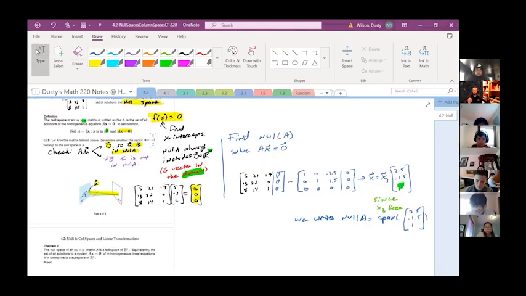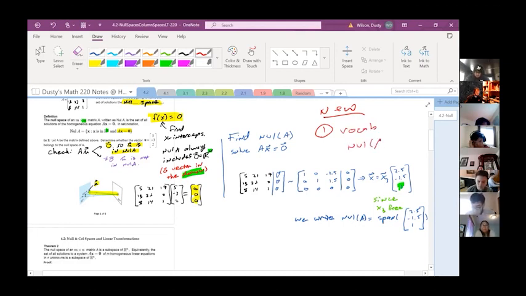What I want to point out is that most of this should be familiar. We haven't done anything new here, but the only parts of this that are new are, one, the vocab of null space, and two, the idea of writing the null space as a span, writing a subspace.